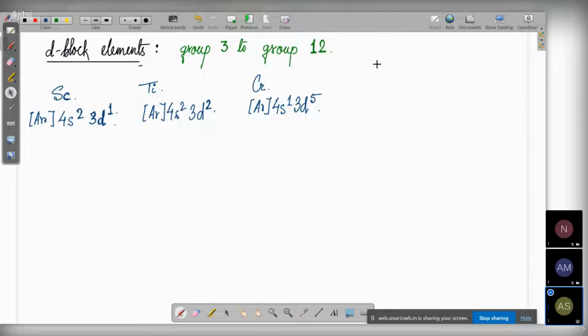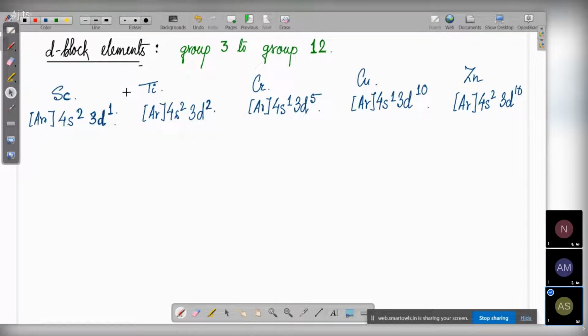Then you have, suppose, copper, which is also another exception: argon 4s1 3d10. And zinc will be argon 4s2 3d10.